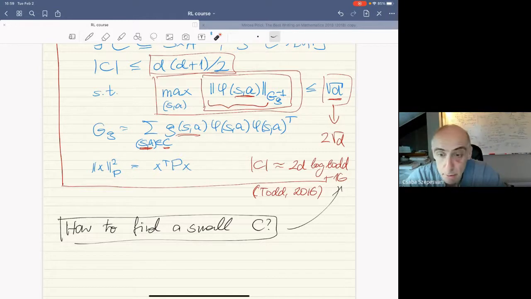If you just give me the feature map and I can access it for every state action pair like that, then I don't really know what to do. Whether there is going to be a computationally efficient solution to this problem at all, maybe there is, maybe there is not.